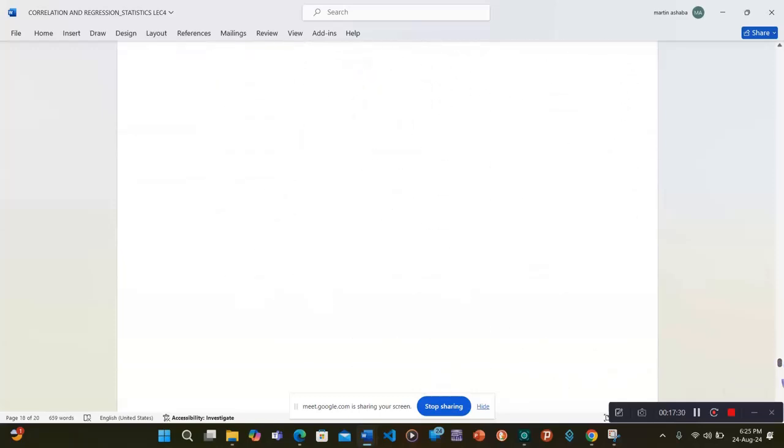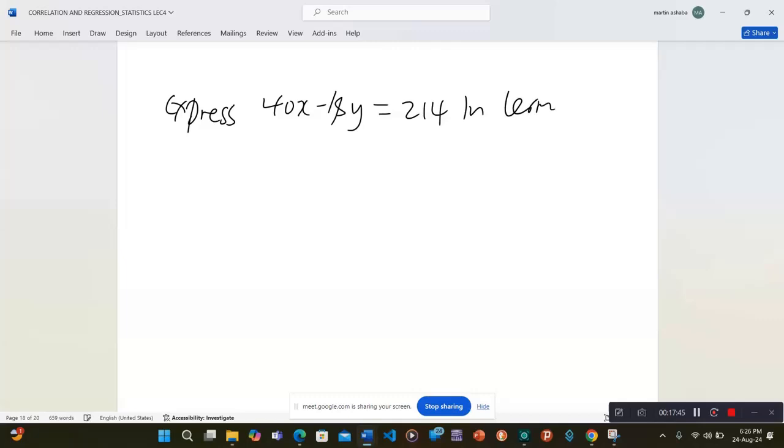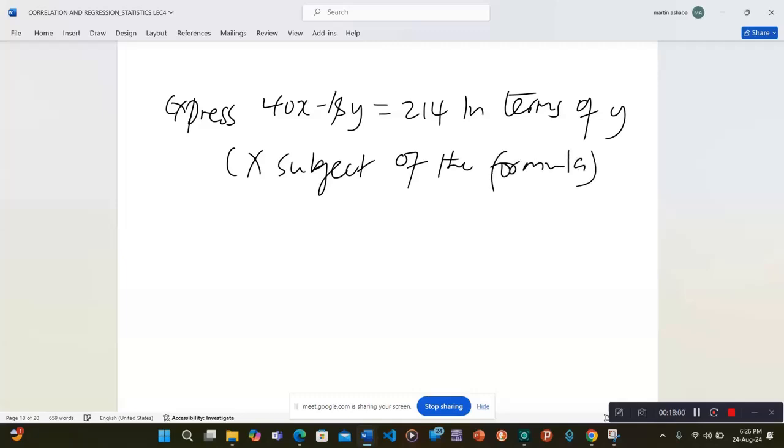So the other one is to express 40x minus 18y equal to 214 in terms of y, so that you have x the subject of the formula. So what does that mean? I have 40x equal to 18y plus 214, divided by 40 both sides.